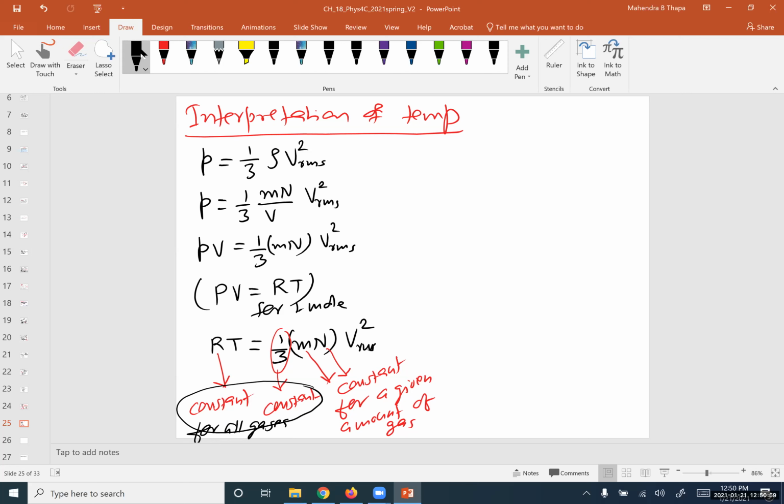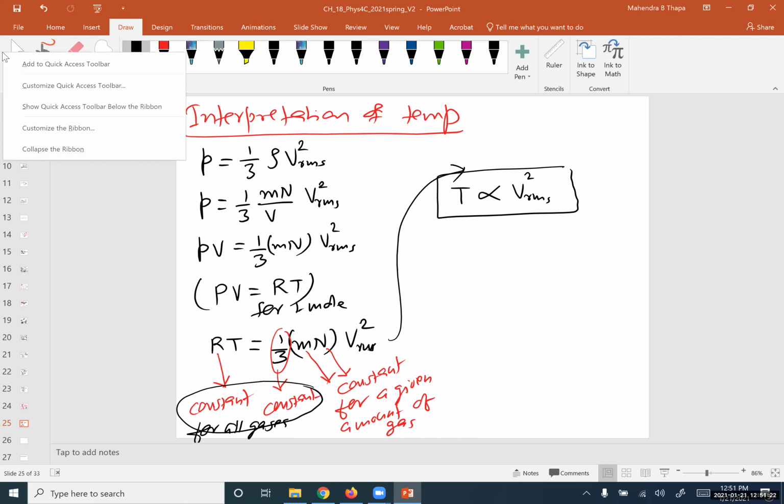Okay, so now based on that, you can say that your temperature is proportional to v squared RMS. Temperature depends on squared values, the v RMS squared values.